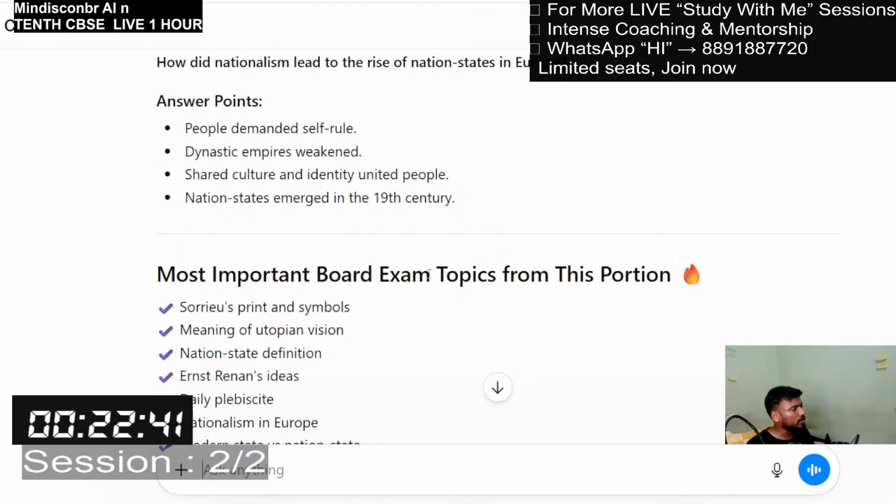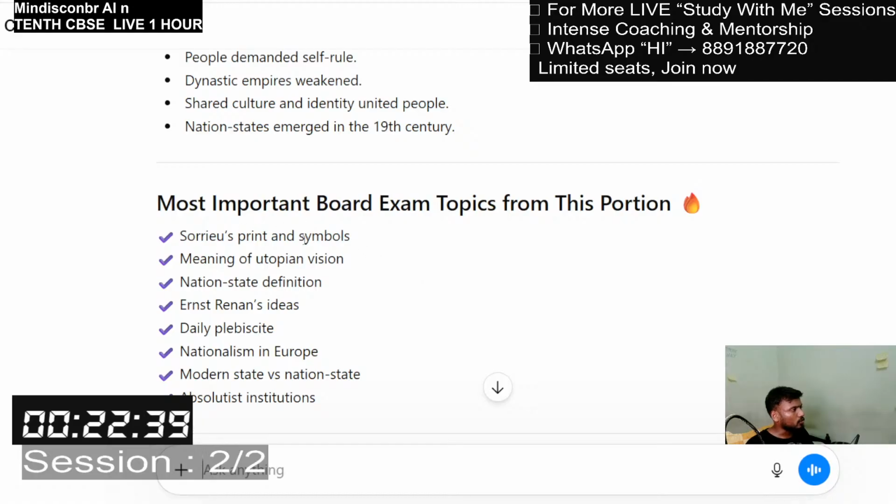Most important board exam topics from this portion: Sorio's print and symbols, meaning of utopian vision. Utopian vision means an ideal vision, so ideal that its existence is questionable.